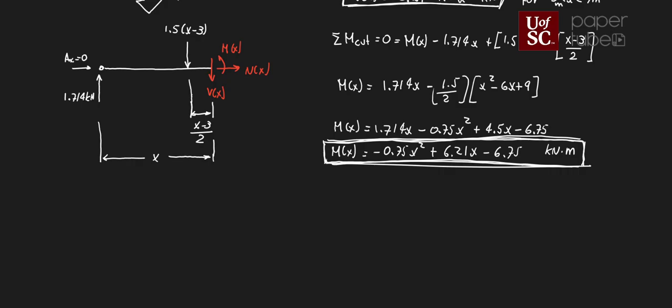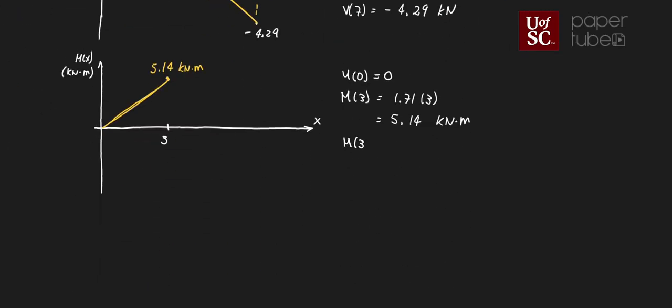And what you can do actually is evaluate that at different points. I only did it at 2 points, just because I have a little bit more experience, but you can evaluate it at 4 meters or 5 meters and something like that. And you will be able to get different points that give you the shape of that equation. When I did the m of 3 with that equation, that also gave me the 5.14, which makes sense.